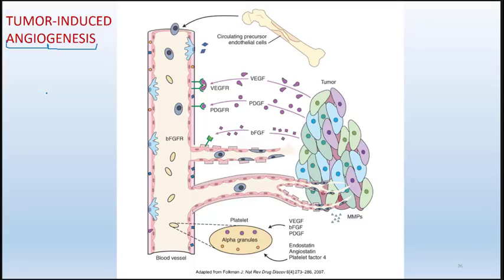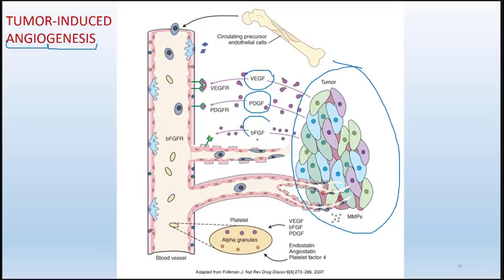And so this image here is showing you tumor-induced angiogenesis. What you can see here with this tumor is that it starts secreting these factors. These are growth factors. The different ones we have here are vascular endothelial growth factor, platelet-derived growth factor, and basic fibroblast growth factor. These factors are secreted by the tumor itself in order to begin the process of forming its own blood supply.